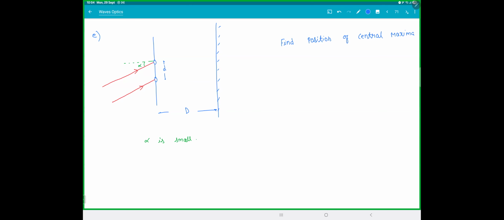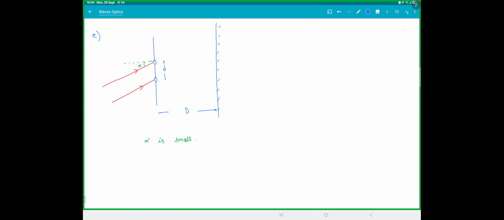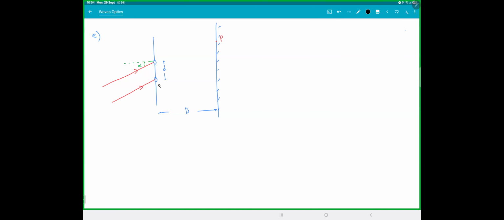Let's see. Let's say there is a point P somewhere here. Now, if this is your S2, this is your S1, and you drop a perpendicular, this will be your extra path difference, which, if that is alpha, this is alpha, will be d sine alpha.